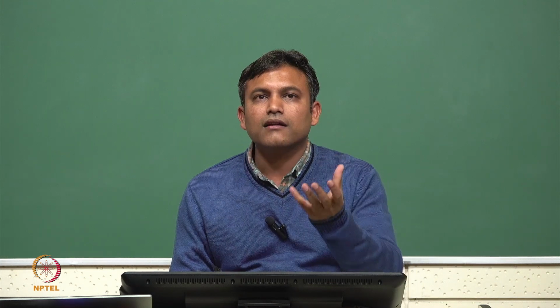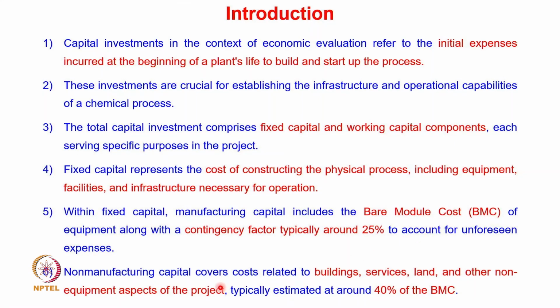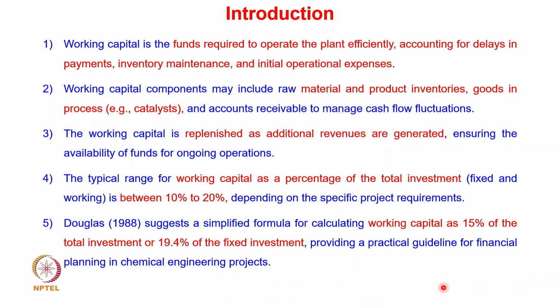We take the 25% additional contingency factor while calculating this bare module cost. Once we get the bare module cost, from that we can again calculate the non-manufacturing capital cost, which are nothing but around 40% of the BMC. Now this was with respect to the fixed capital cost.